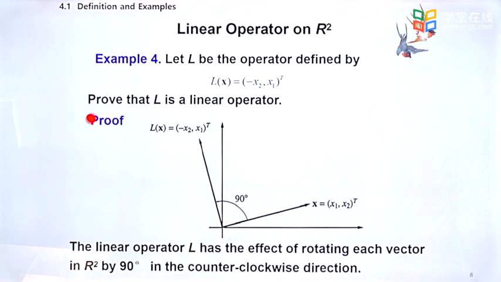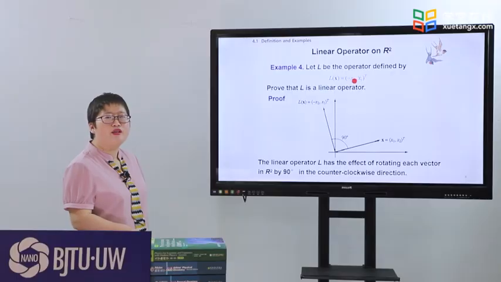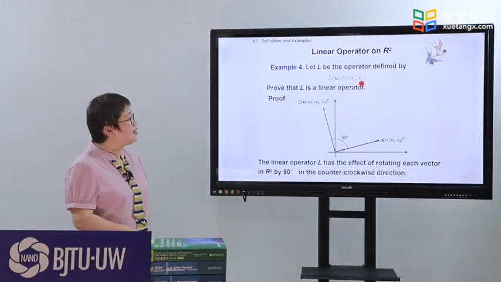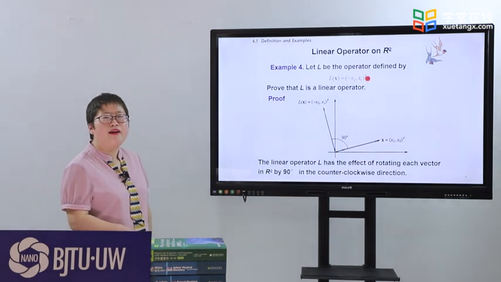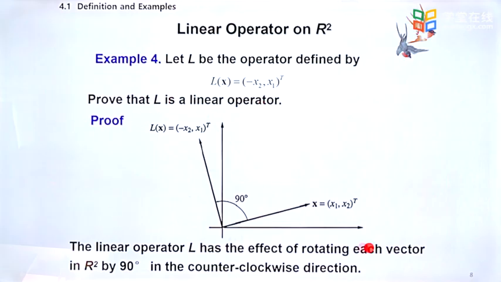Another example, Example 4. Let L be the operator defined in this way: L(x) = (-x2, x1). After you apply this operator, the first component is the negative of the second component of the original vector x, and its second component comes from the first coordinate of the original vector x. From this figure, we can first see what L is.